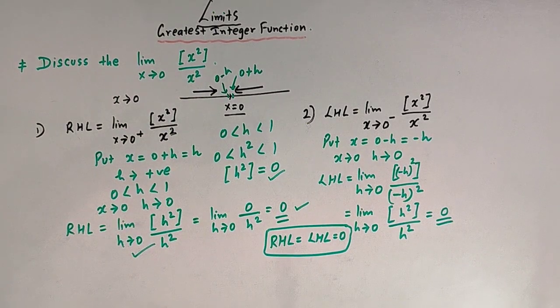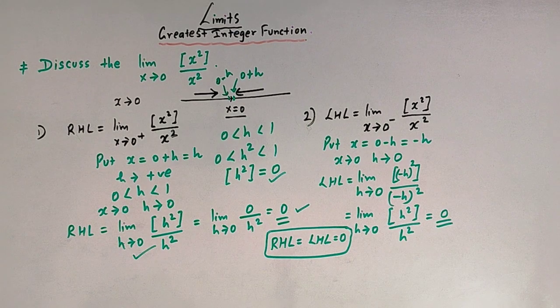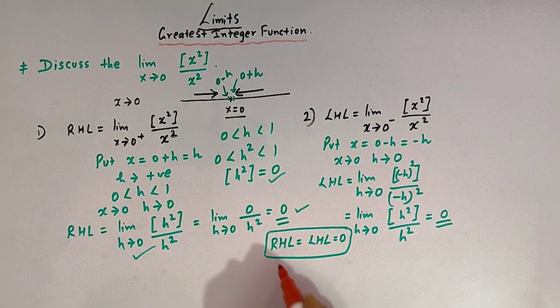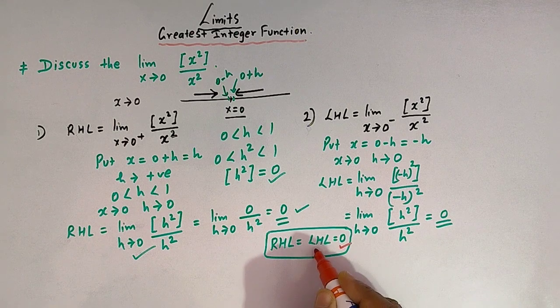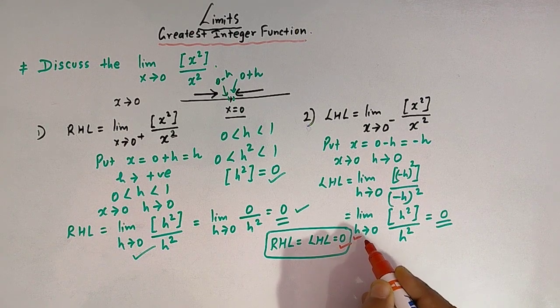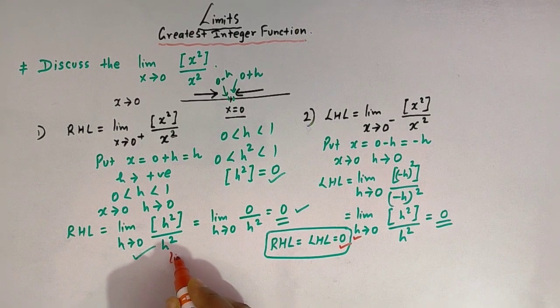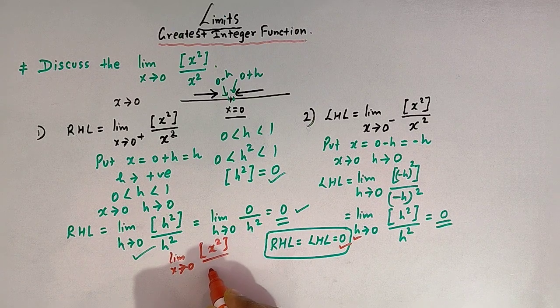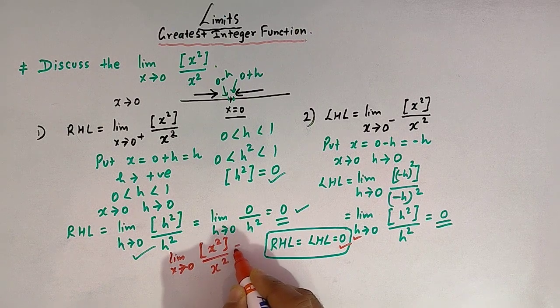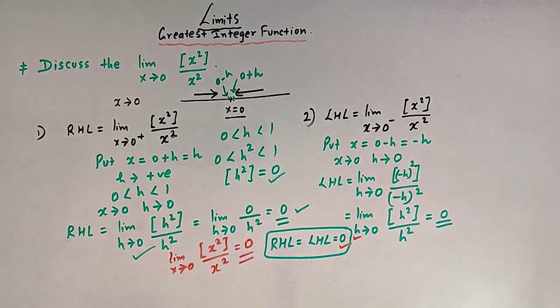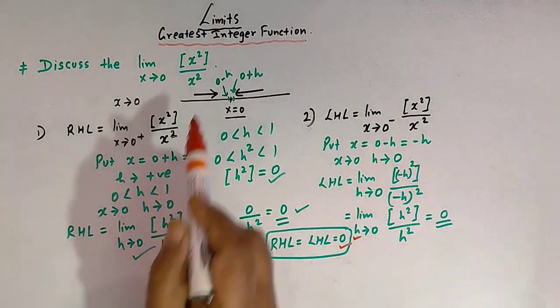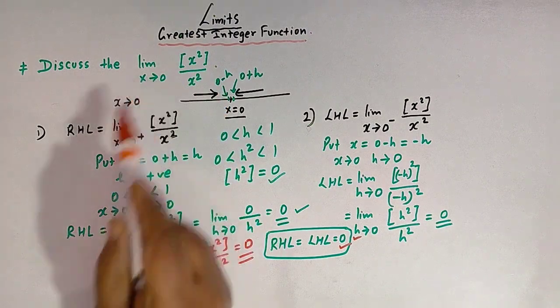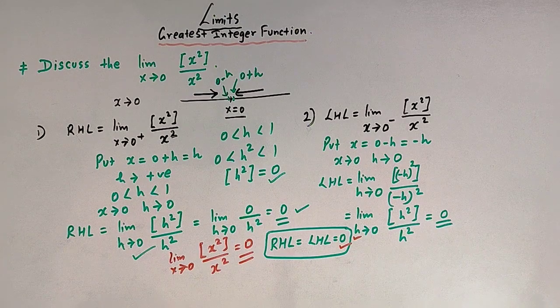Therefore, the right hand limit is 0 and the left hand limit is also 0. So the limit as x tends to 0 of greatest integer of x square divided by x square is equal to 0. So we can say that the limit of this function when x tends to 0 exists and the limit is equal to 0.